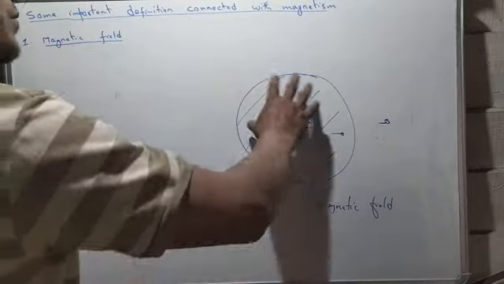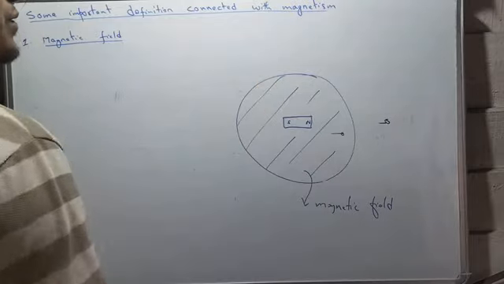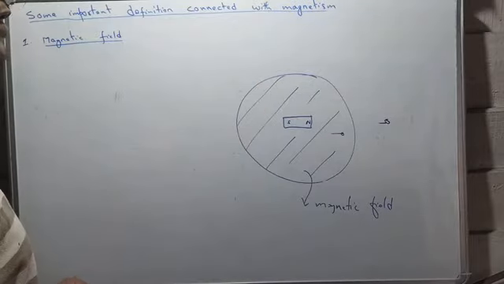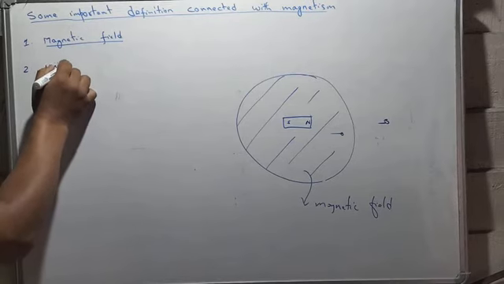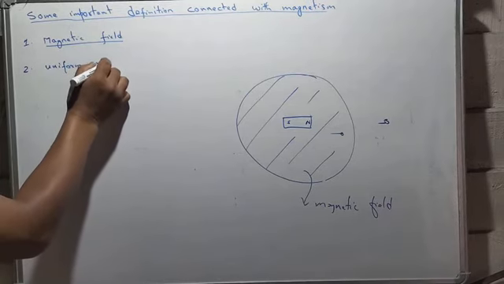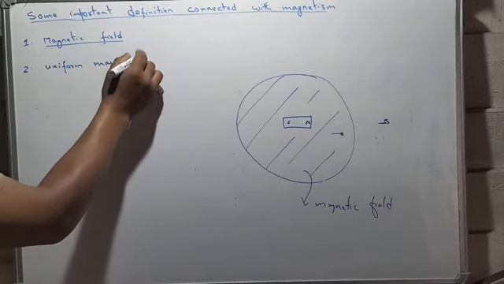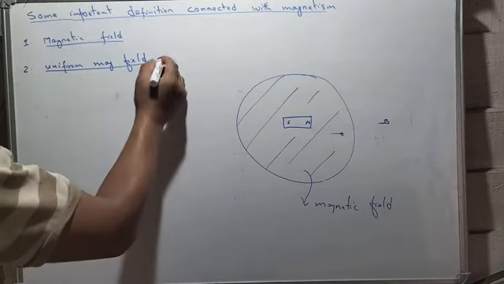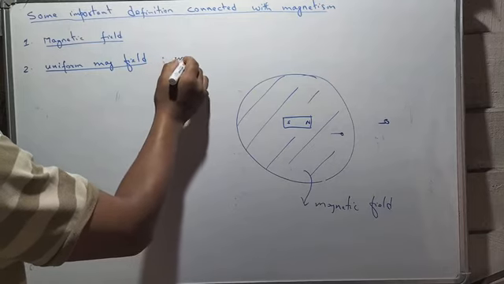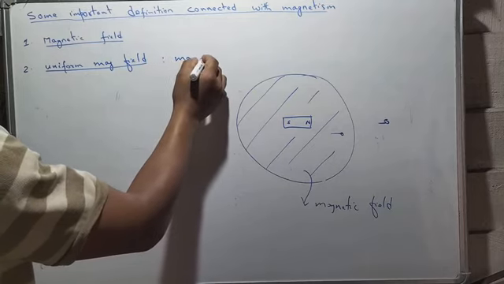That is why this space which surrounds the magnet is known as a magnetic field. And the second definition is uniform magnetic field. When I say uniform magnetic field, it means the magnitude is the same.